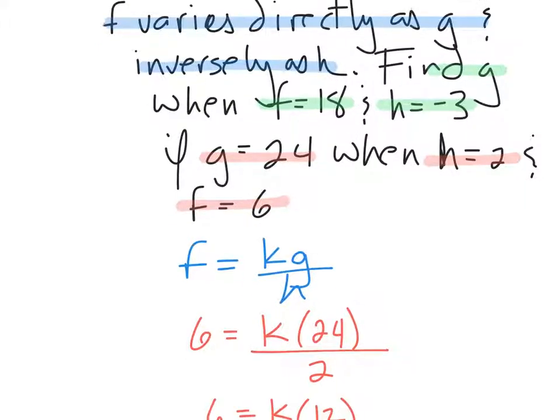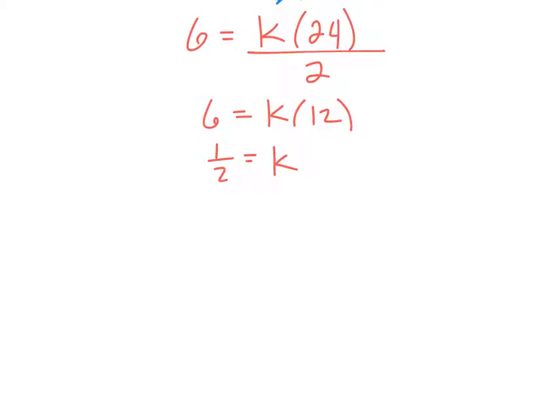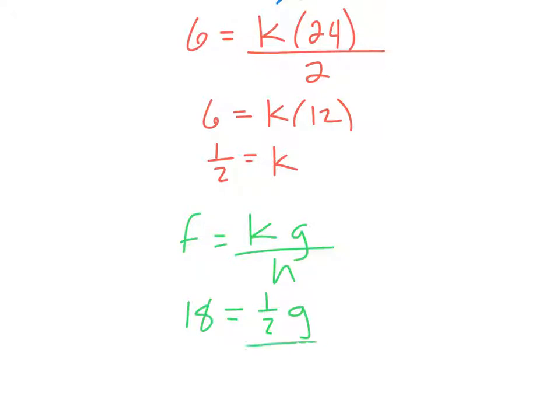And so I go back into this formula. F equals KG over H. F, they said, was 18. K, we know, is 1/2. G is what I don't know. And H is -3. So far, so good?